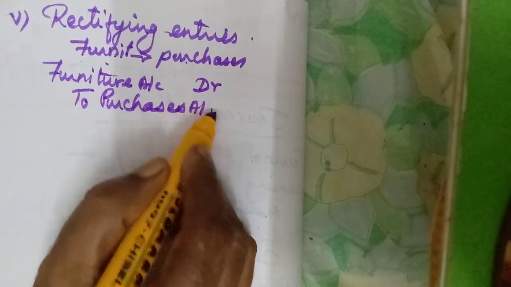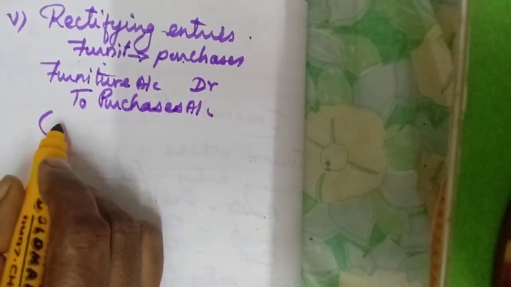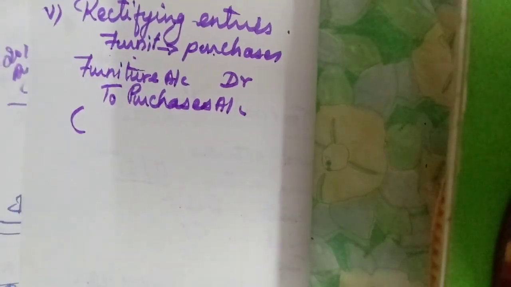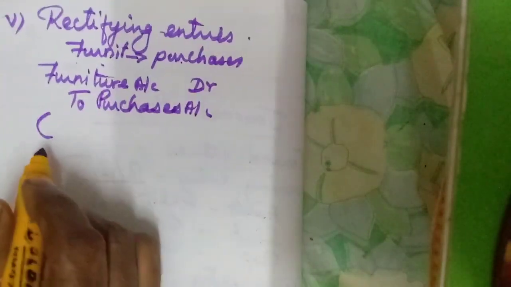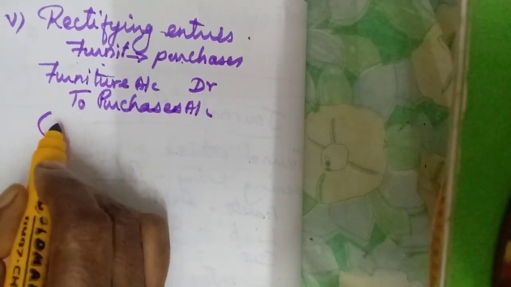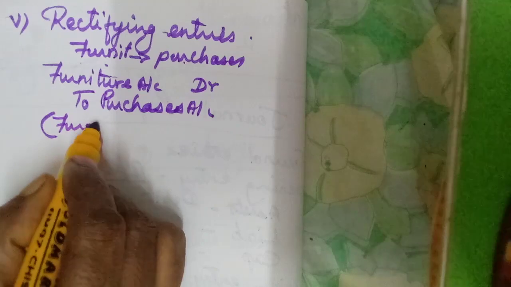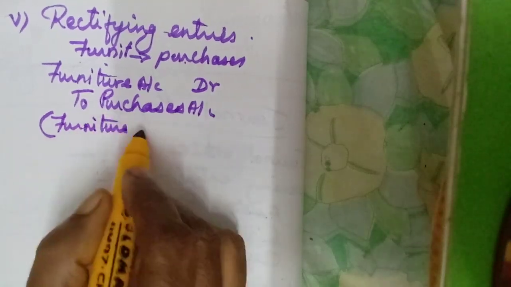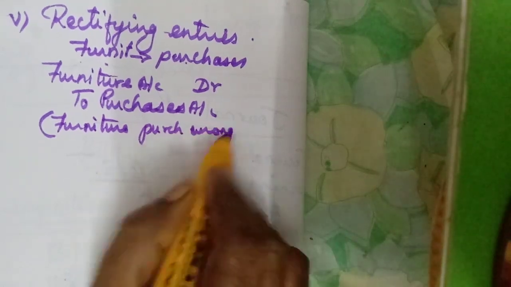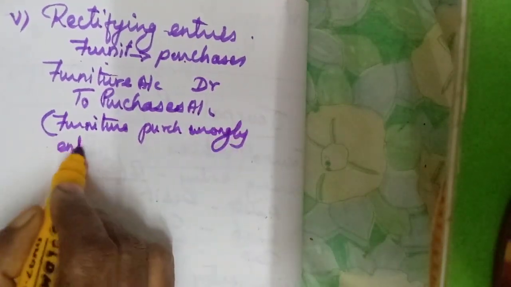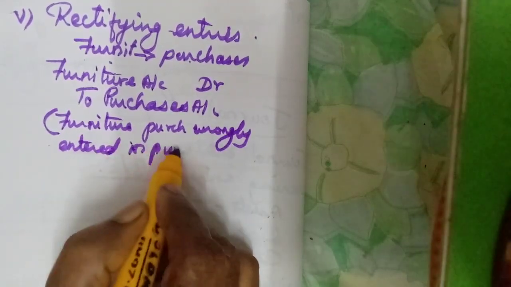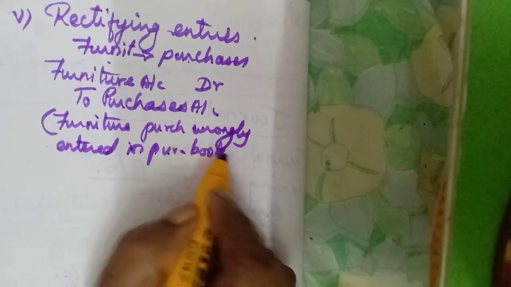Understood? So furniture purchased wrongly entered in purchases book, now rectified.